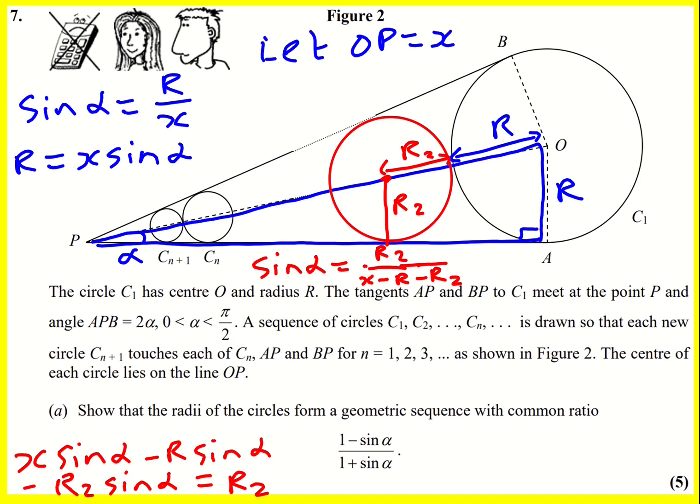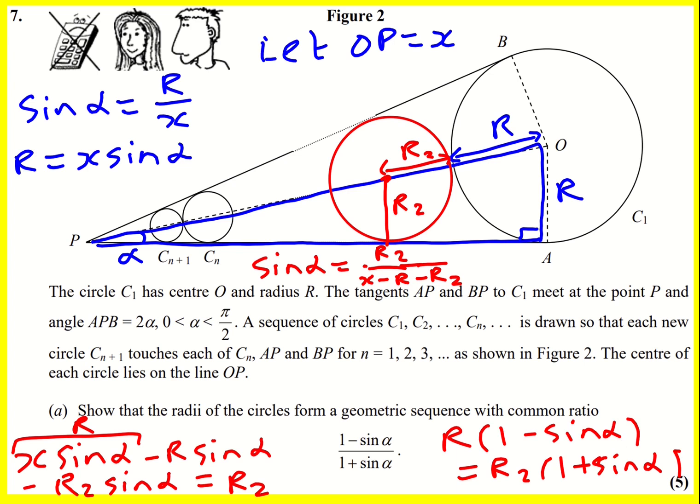Now we know that x sine alpha is equal to r because we just showed it. So I can write r and factorize that out, 1 minus sine alpha, equals, and then I can add the r2 sine alpha over and factorize out the r2. It's going to be 1 plus sine alpha.